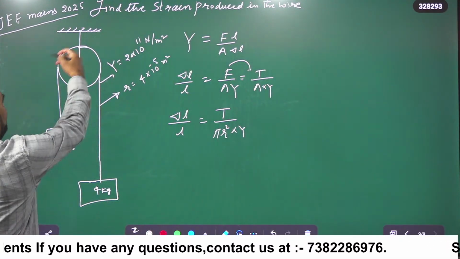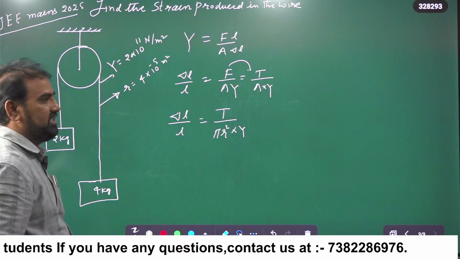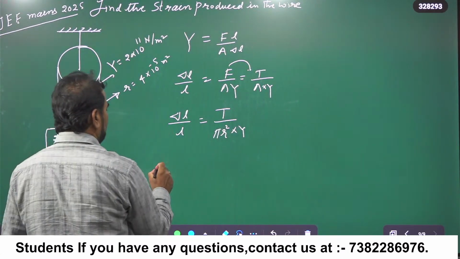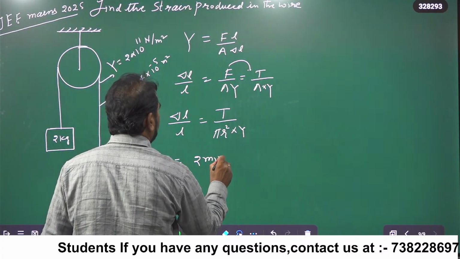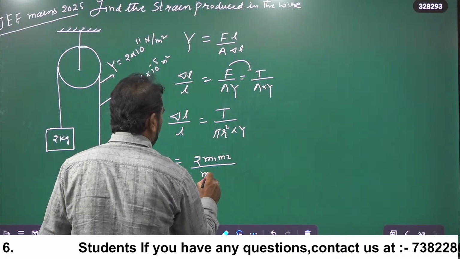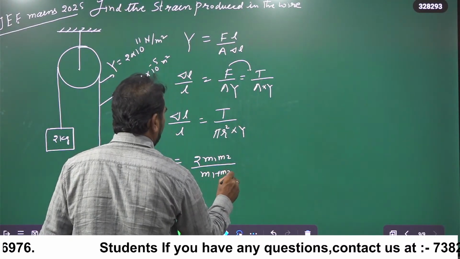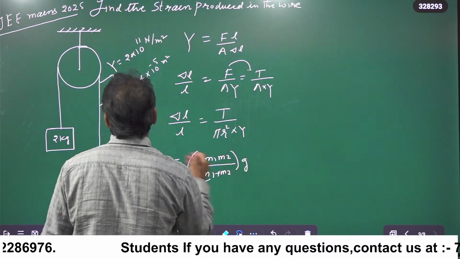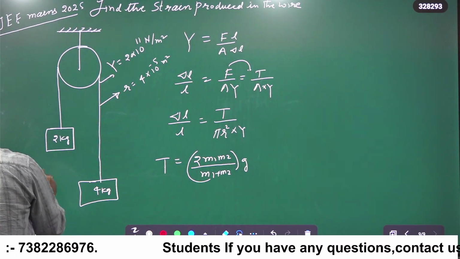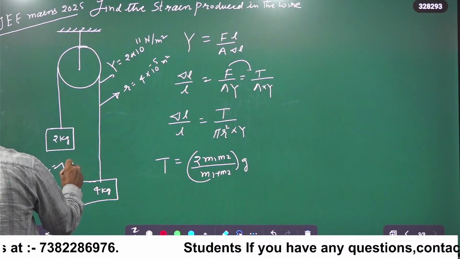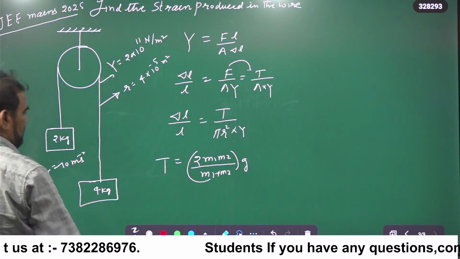See, this looks like an Atwood machine. For the Atwood machine, the tension force is given by T is equal to 2 m1 m2 upon m1 plus m2 into g. The g value is not given. Take g is equal to 10 meter per second square.